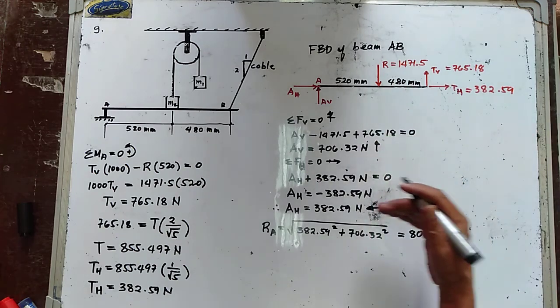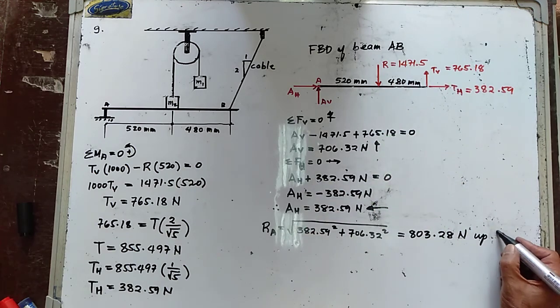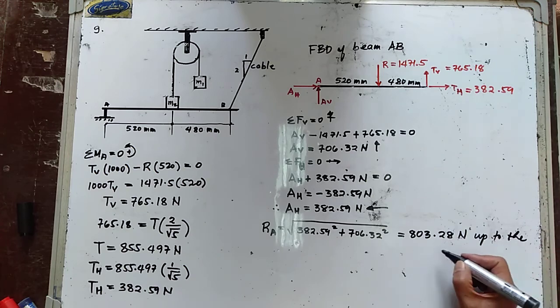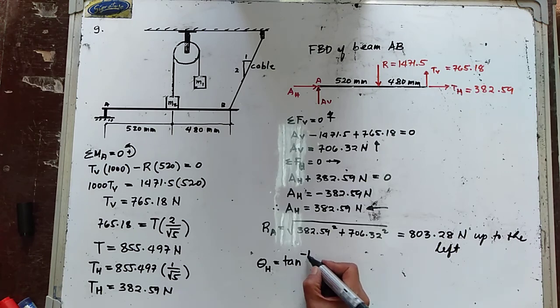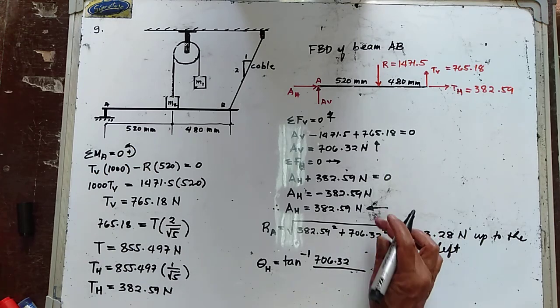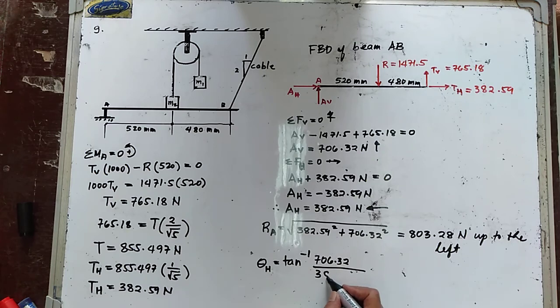That is up to the left. So the angle that the total reaction at point A makes with the horizontal is now equal to the arc tangent of A vertical, 706.32, all over A horizontal, 382.59.